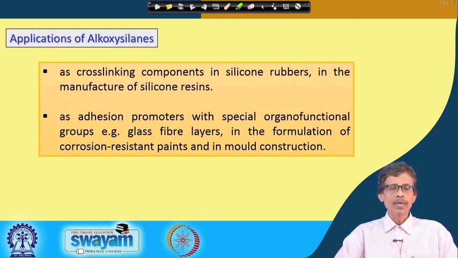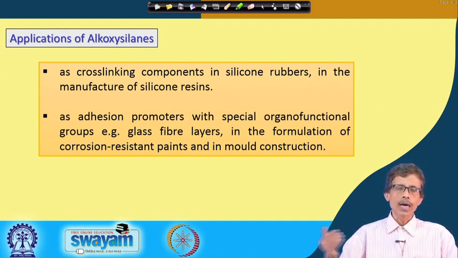It is also used in the formulation of corrosion resistant paints, because these are oil type or rubbery materials. If we use this in the making of paints or in mold construction, it will be more robust compared to its organic analog, that means the corresponding carbon variety.